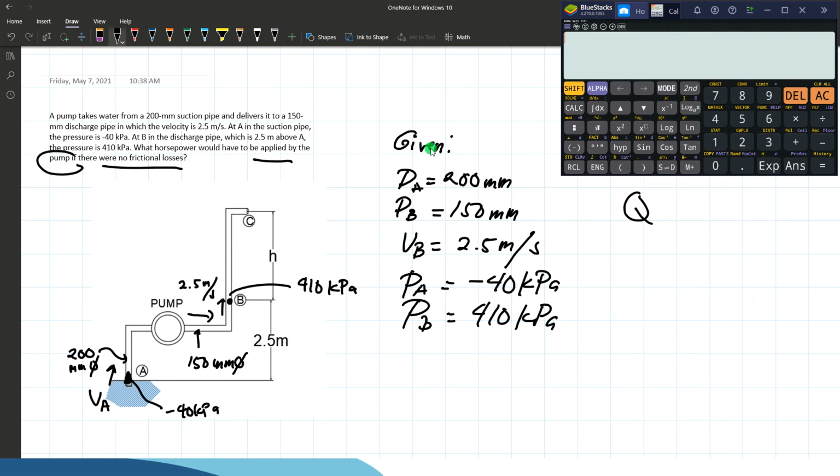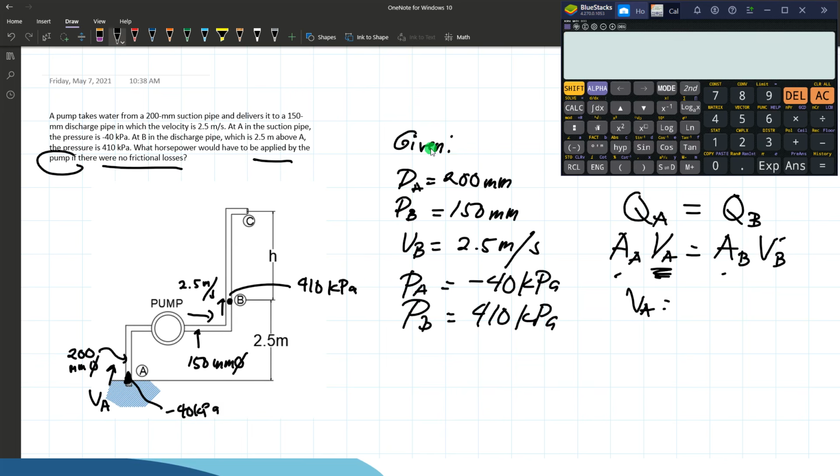Since the discharge at point A is equal to the discharge at point B, using discharge equals area times velocity, the cross-sectional area at point B multiplied by the velocity at point B. Since we can compute the cross-sectional areas and we have the given velocity at point B, we can determine the velocity at point A.